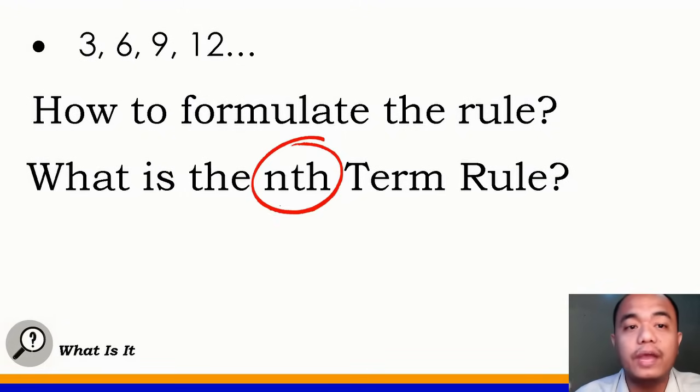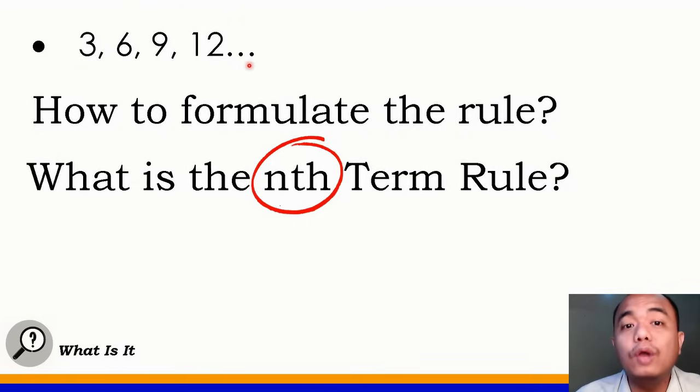So for example, we have here 3, 6, 9, 12. Kung gusto mong hanapin ang 50th term, alam natin yung 3 is the first term, right? 6 here is the second term. 9 here is the third term. 12 here is the fourth. Ano kaya yung number sa 50th term? Yung pang-limampu na numero.